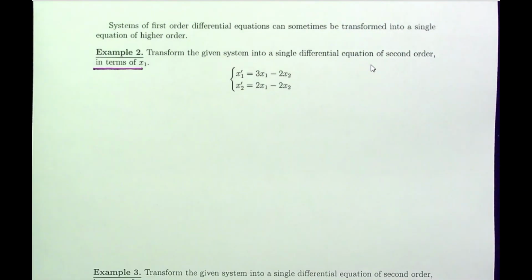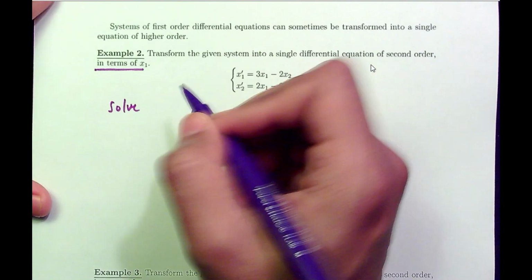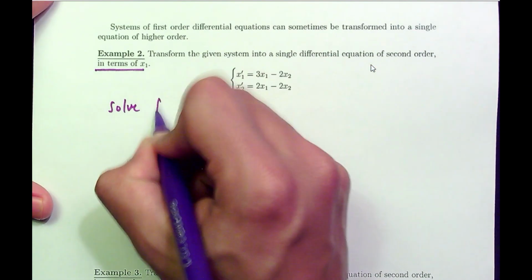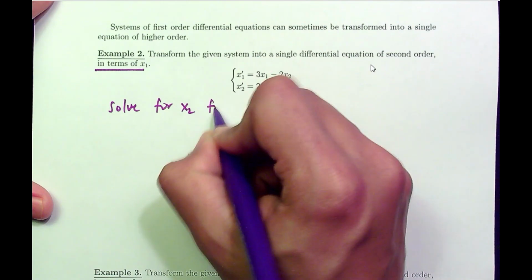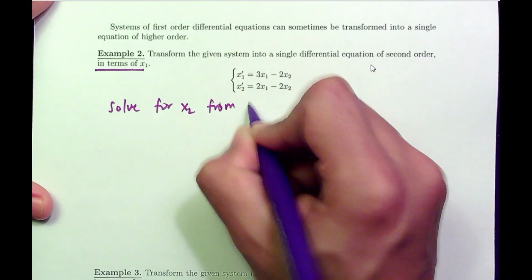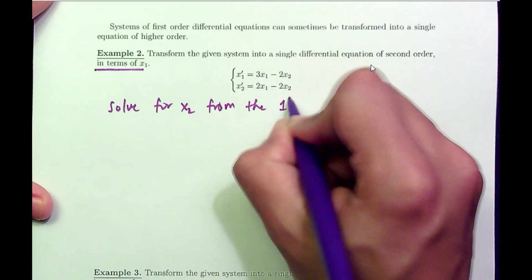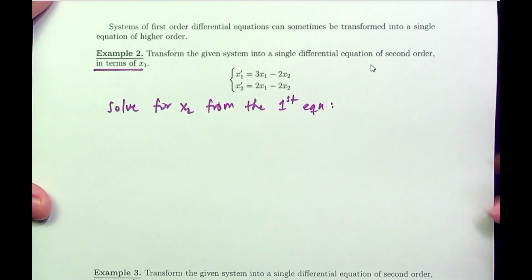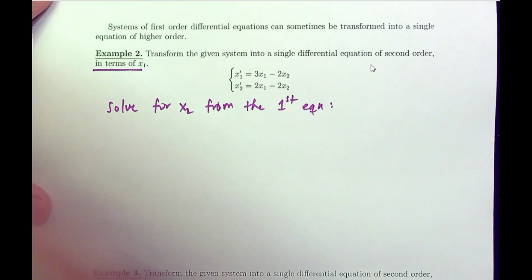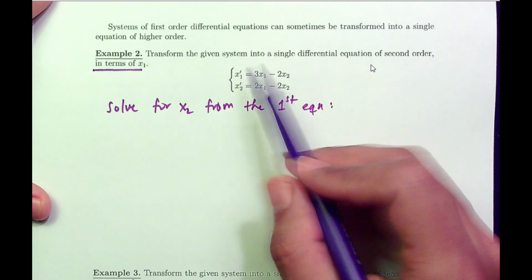So we're going to solve for x2 from the first equation. If you do that, you move this to the other side and you divide by -2. That's simple algebra.